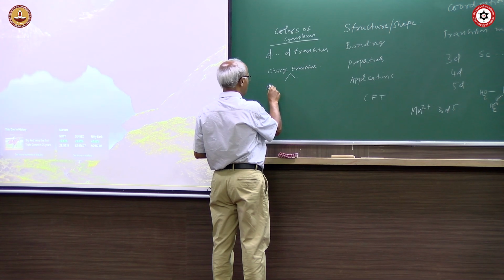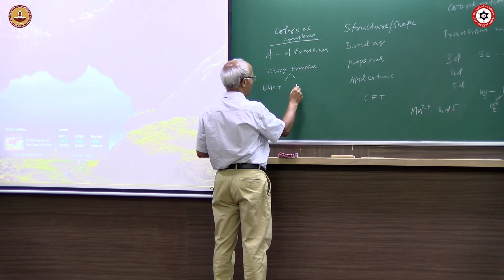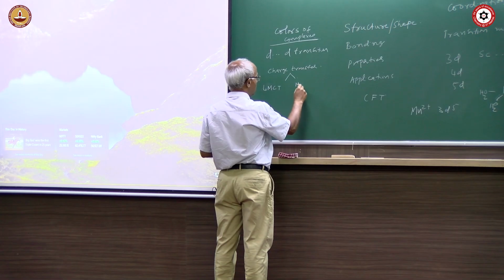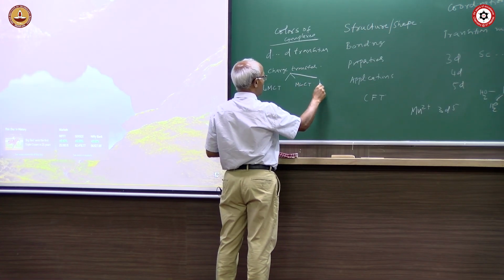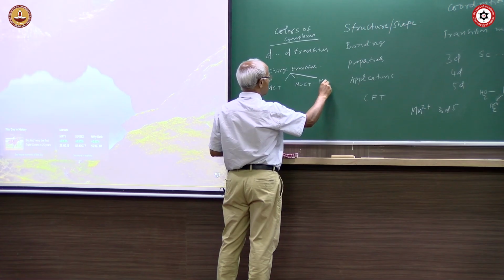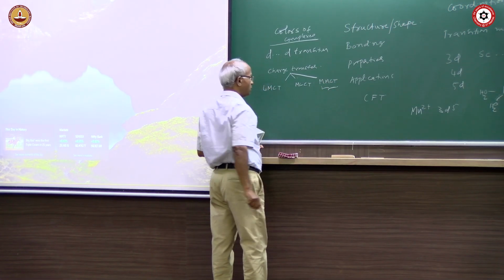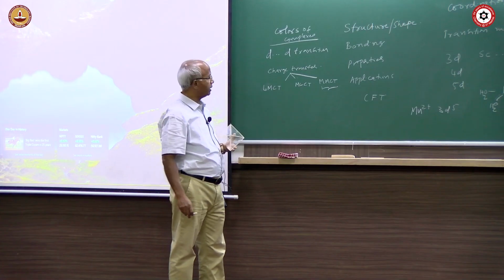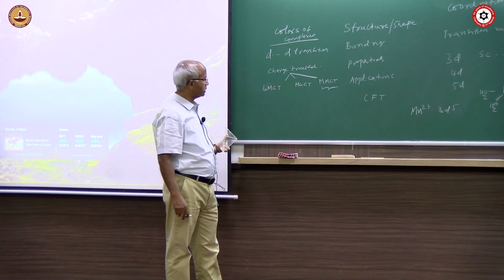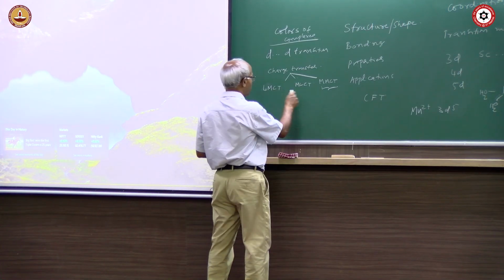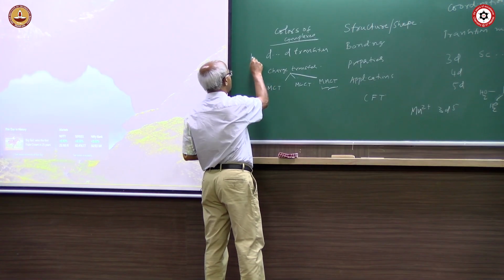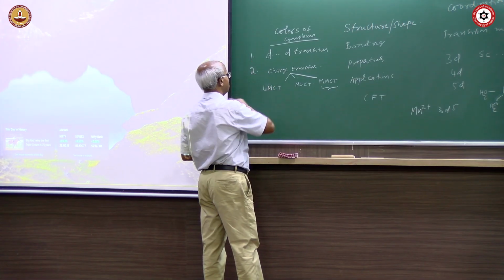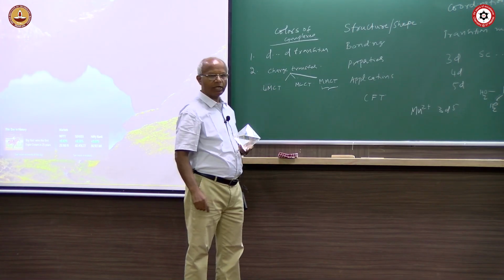One, it can happen from ligand to metal charge transfer or metal to ligand charge transfer, or it can happen metal to metal charge transfer. Normally, this is not talked about, that very rarely happens, only in special cases, but these two are very common. So the reason for the color is two different reasons.